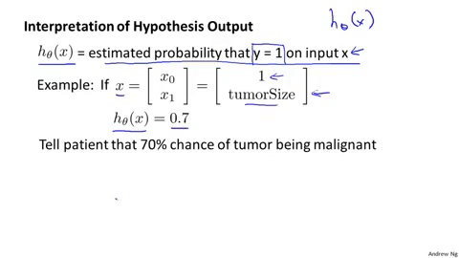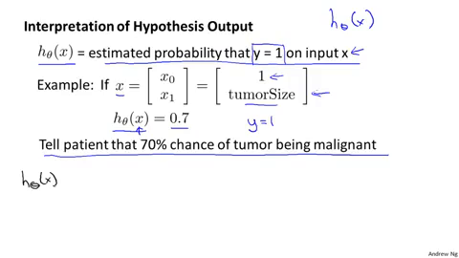I'm going to interpret my hypothesis as follows. I'm going to say that this hypothesis is telling me that for a patient with features x, the probability that y equals 1 is 0.7. In other words, I'm going to tell my patient that their tumor, sadly, has a 70% chance or a 0.7 chance of being malignant.